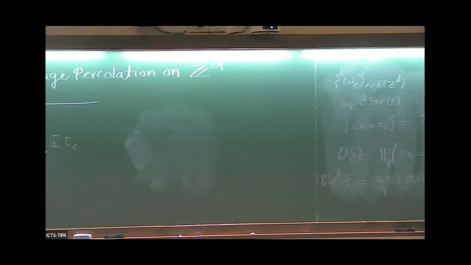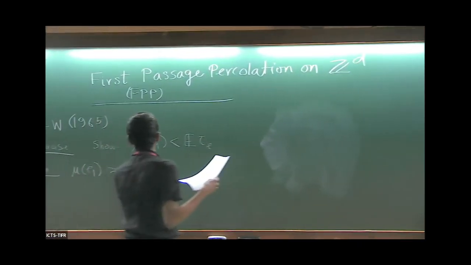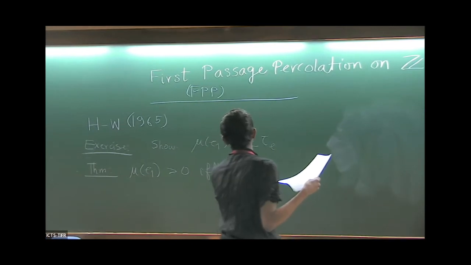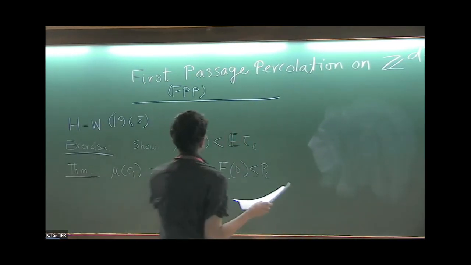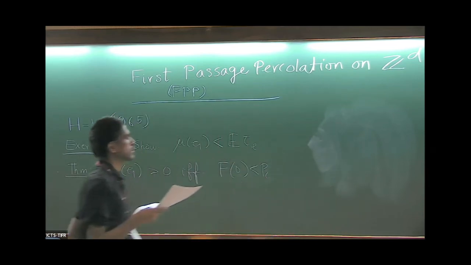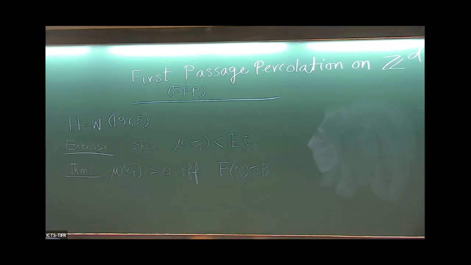It says that mu e1 is bigger than 0 if and only if f of 0 is less than p_c. So this p_c is p_c of Z^d, right.